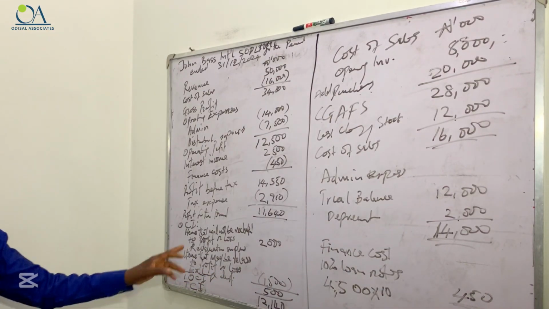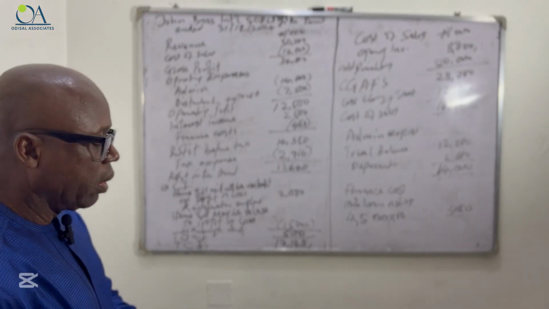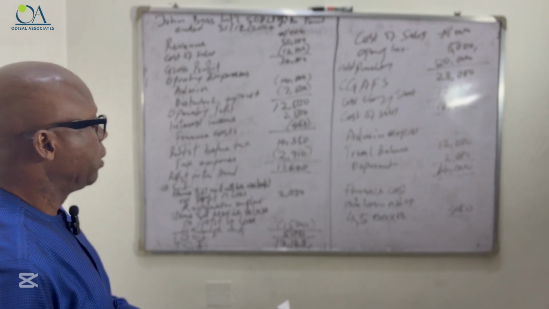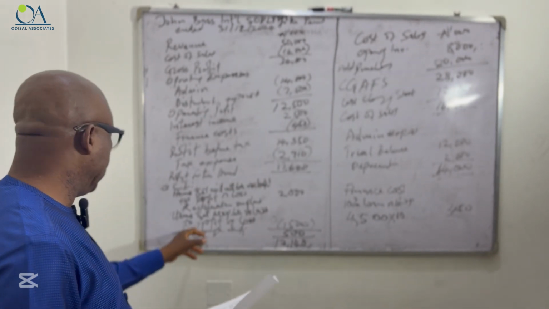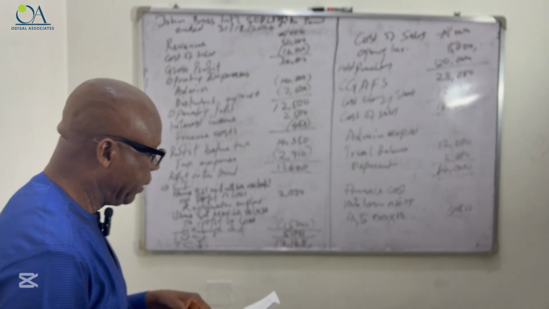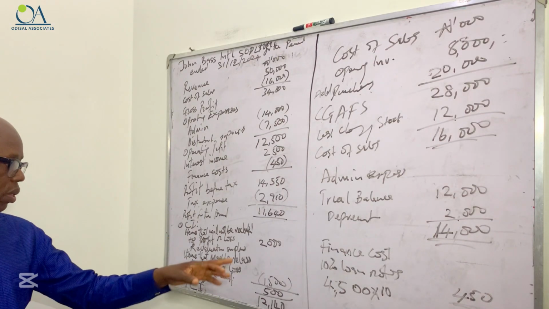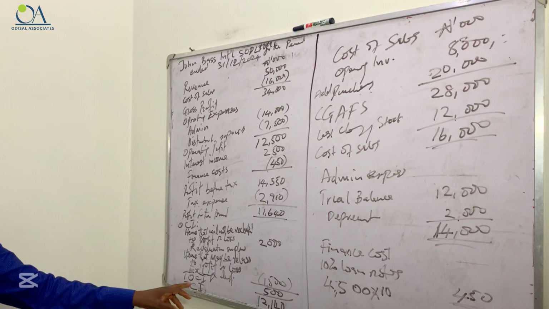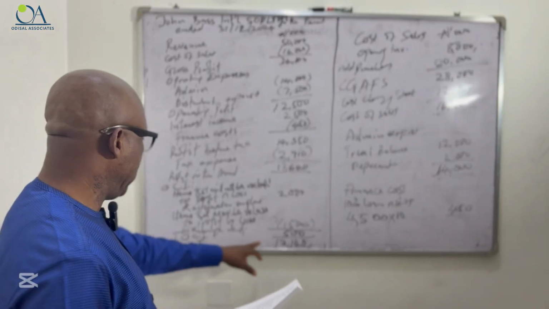If you see revaluation surplus, you see that it's on the credit side of the trial balance that we read. So that means it's an addition, while the exchange difference is on the debit side. So it's a loss, so we have to remove it. Then we have total other comprehensive income.